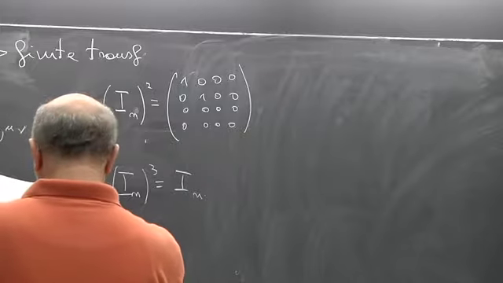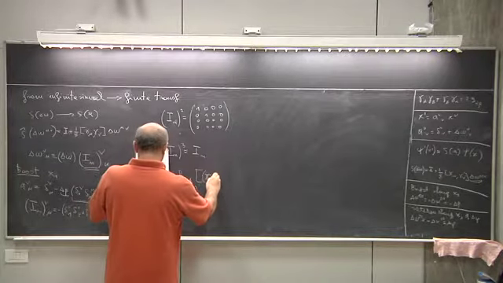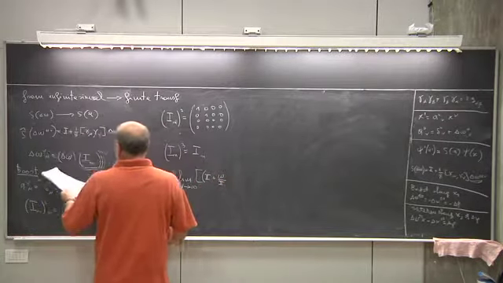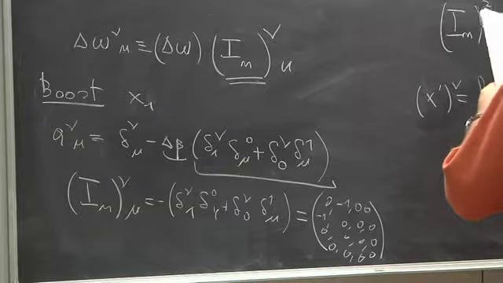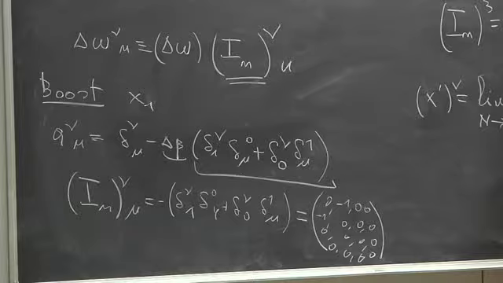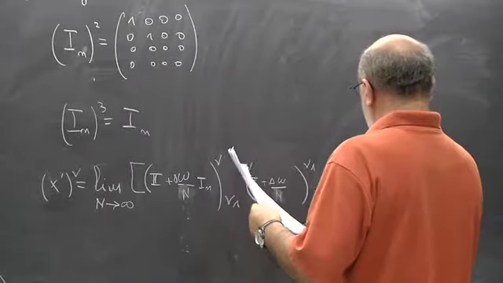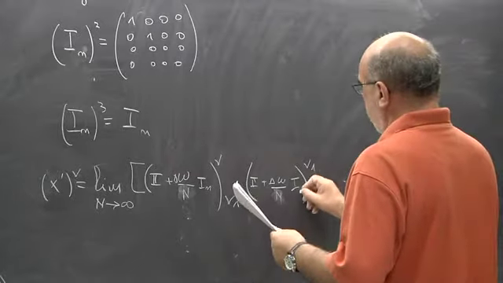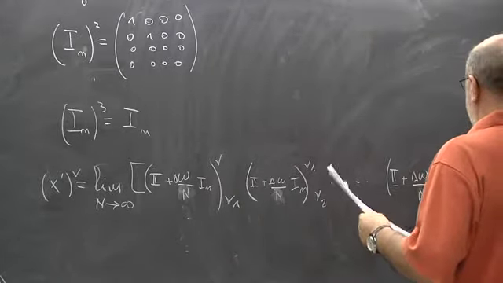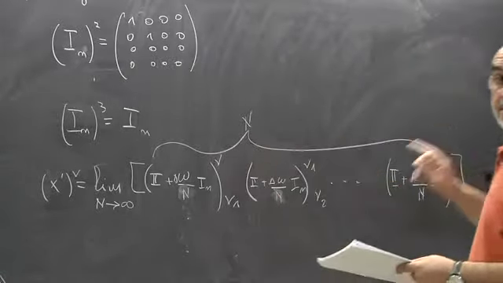Then we have that x prime nu is equal to the limit of n going to infinity of a product of infinite transformations, 1 plus delta omega I, omega is this parameter, delta omega I n nu 1, then I have another one, 1 plus delta omega I n, and this is nu 1, nu 2, and so on, till the last one, 1 plus delta omega I n, and the relative index, but anyhow, these are n infinitesimal transformations, okay?